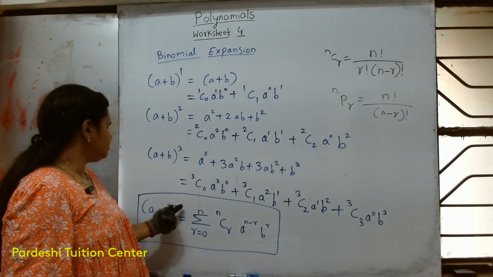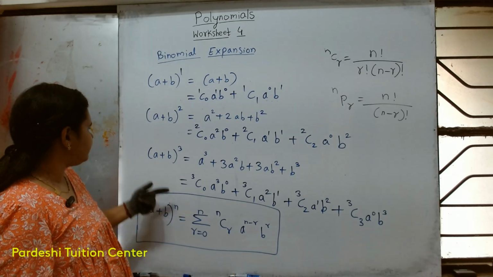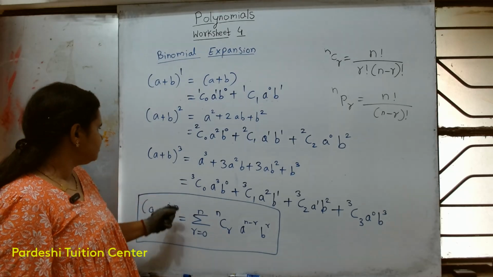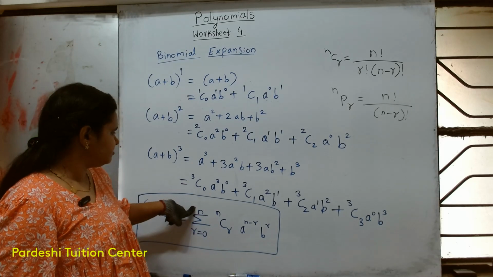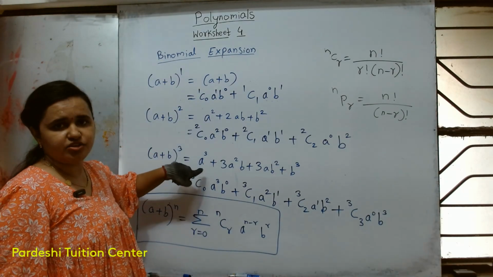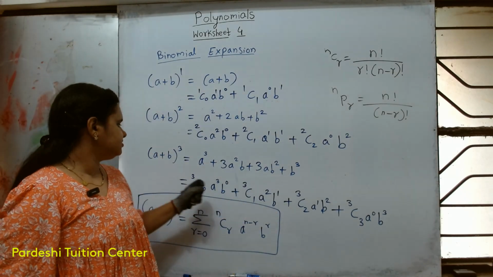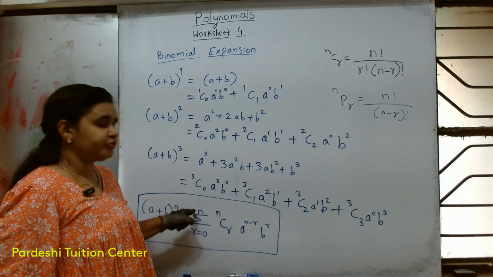a plus b to the power n is equal to, here you can check, a plus b to the power 3 is equal to the summation of r equals 0 to n. Here r is 0, let us check, r is 0 and it is increasing: 3C0, 3C1, 3C2, 3C3. r is increasing up to n.